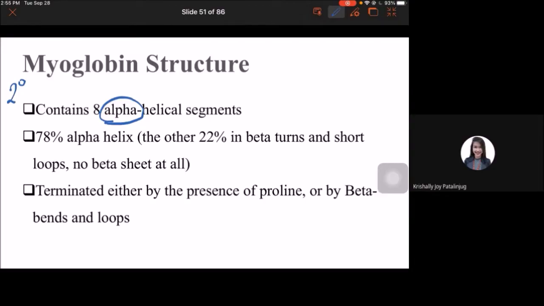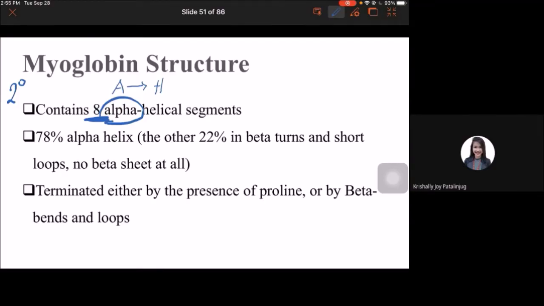Now, for myoglobin, its secondary structure is an alpha helix. Particularly, it forms 8 alpha helical segments. And each of those alpha helices in the myoglobin structure is labeled by letters A to H. Ibig sabihin, yung first alpha helix is named A, then the second is B, until the eighth alpha helical segment as letter H.